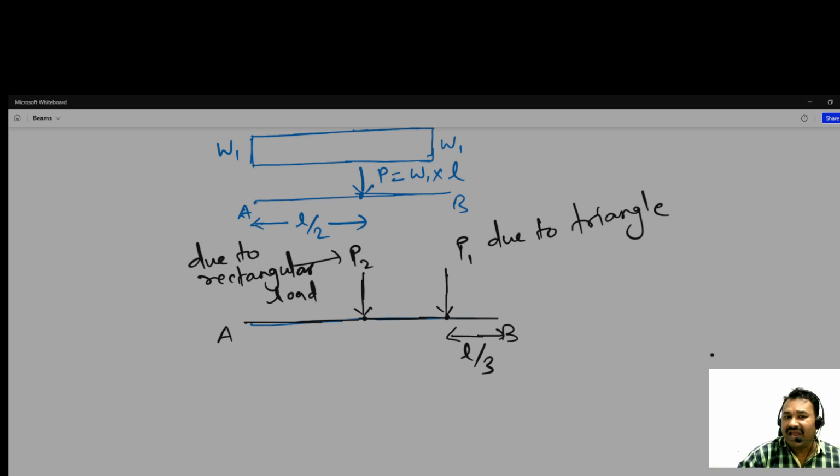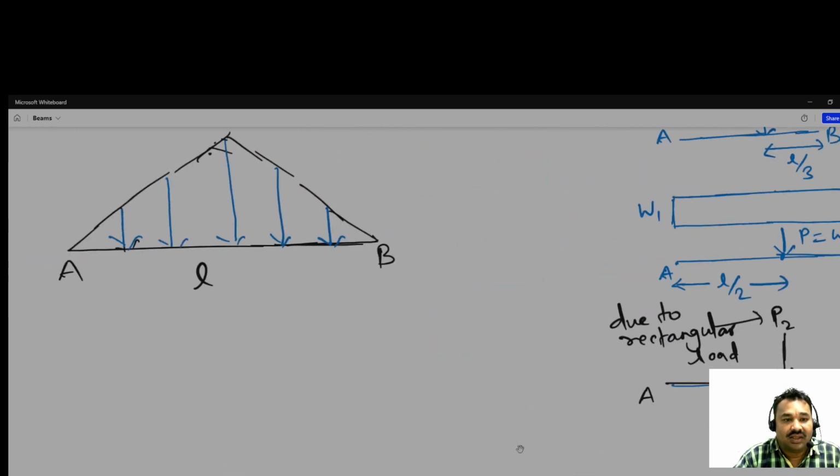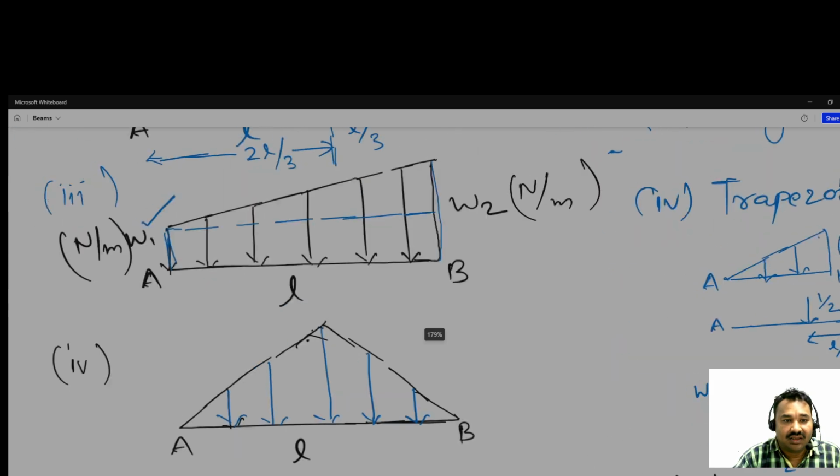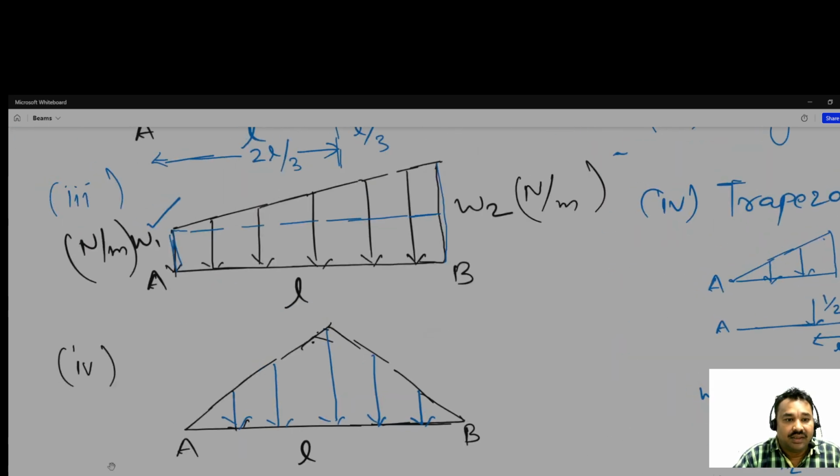So in this way we have converted the beam with the trapezoidal load into point loads. Ultimately we have to draw the free body diagram for the analysis.